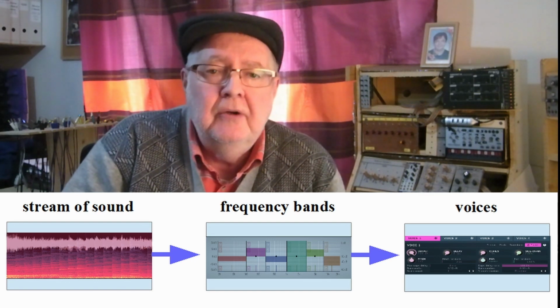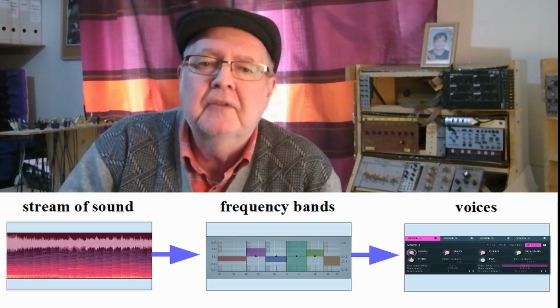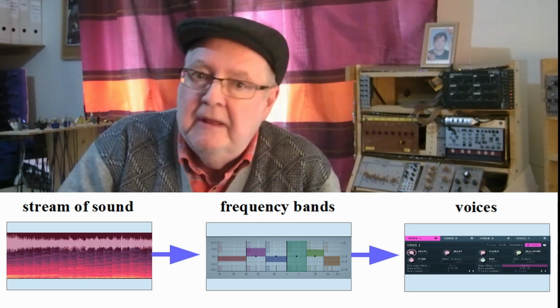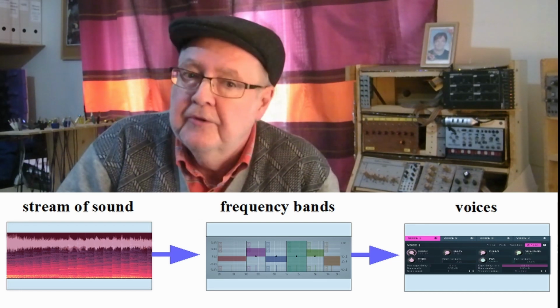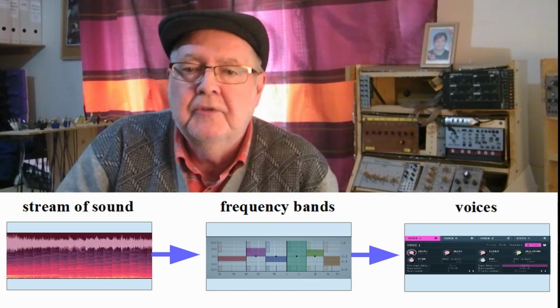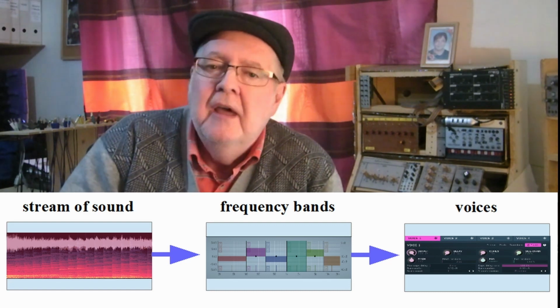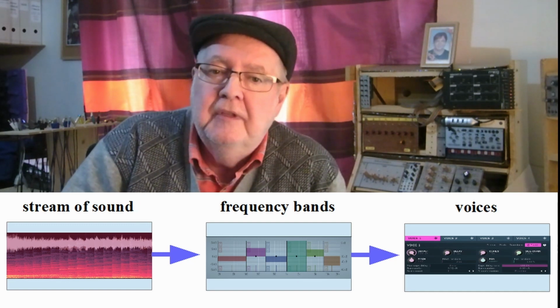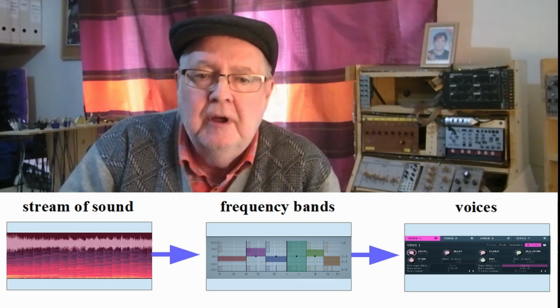Second, the sound streaming through the software can be divided into up to 6 individually adjustable, even frequency bands. And third, each of these frequency bands can be processed in parallel in up to 4 different channels called voices at the same time, and each of these voices can have up to 20 identical copies which are played at the same time.